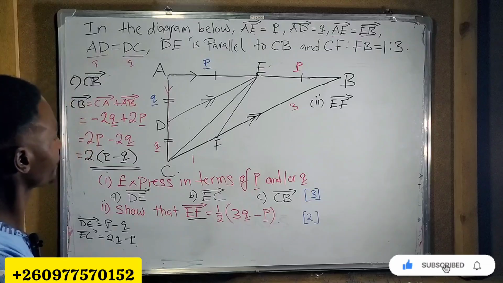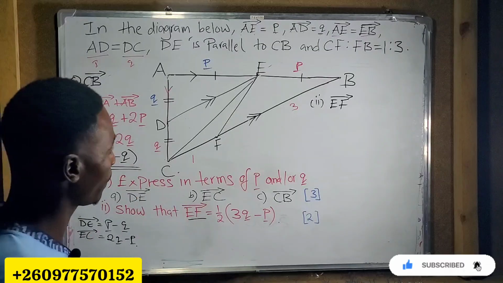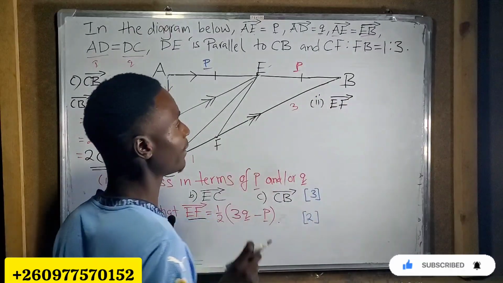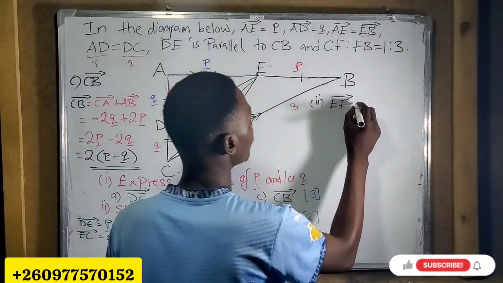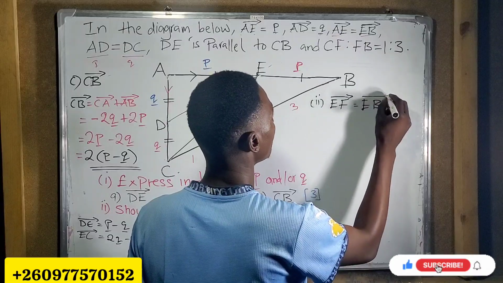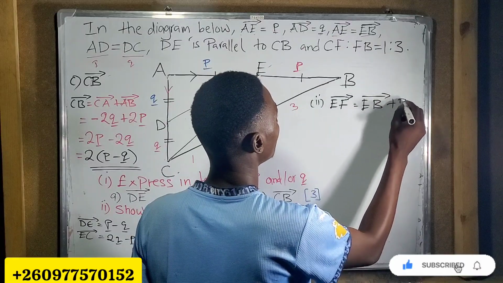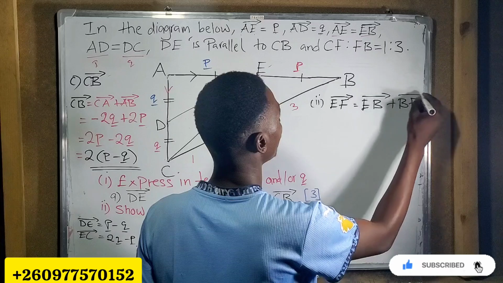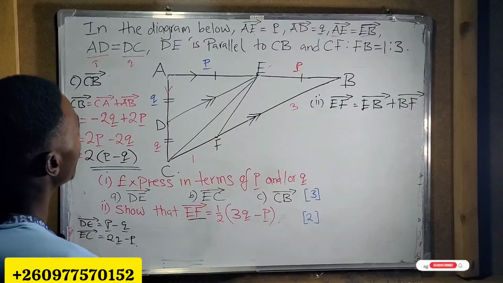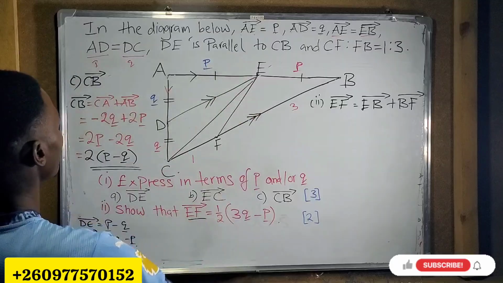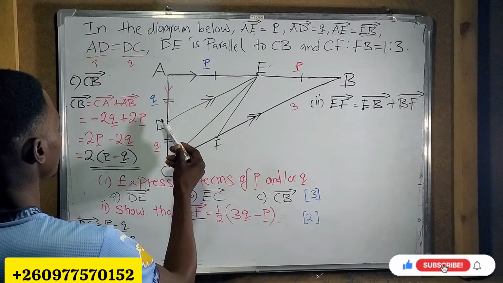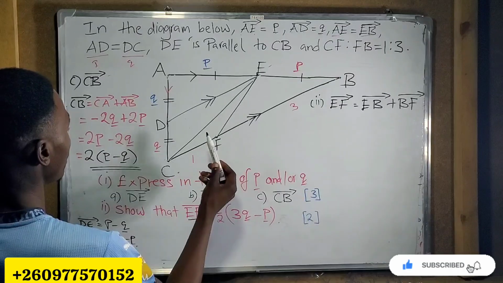Simple. It is simple. We're going to move EB plus BF to find EF. Now someone may ask, what if you go DC plus CF?